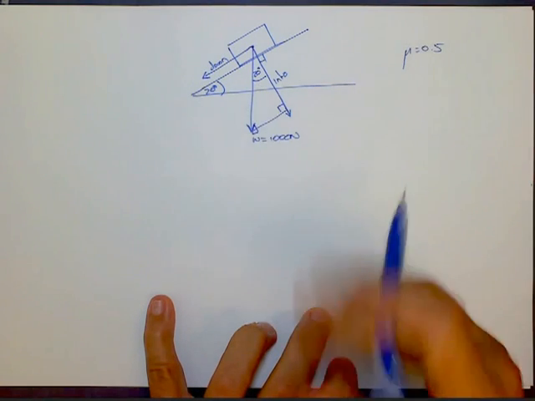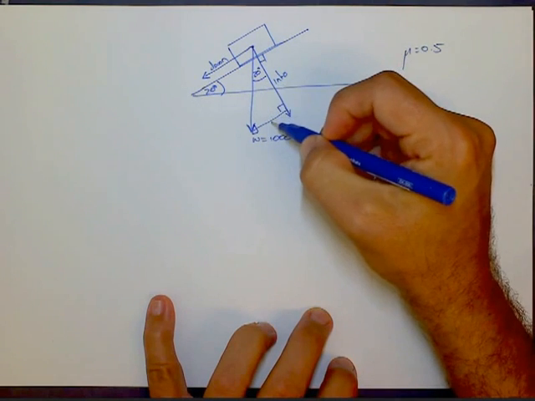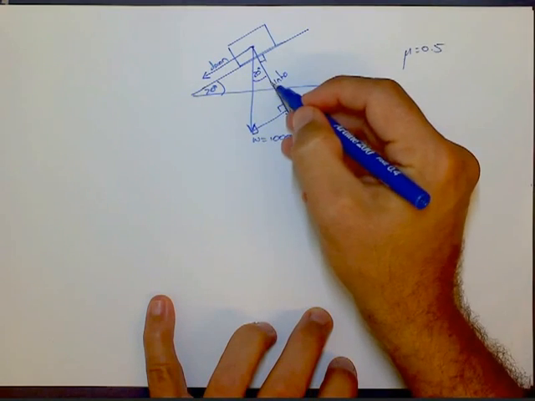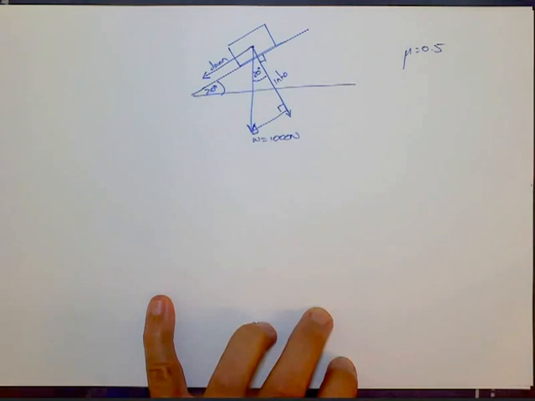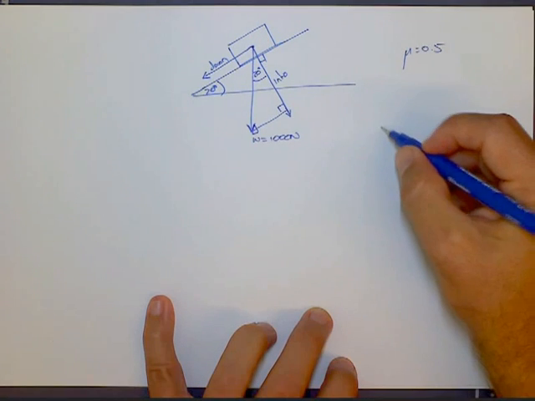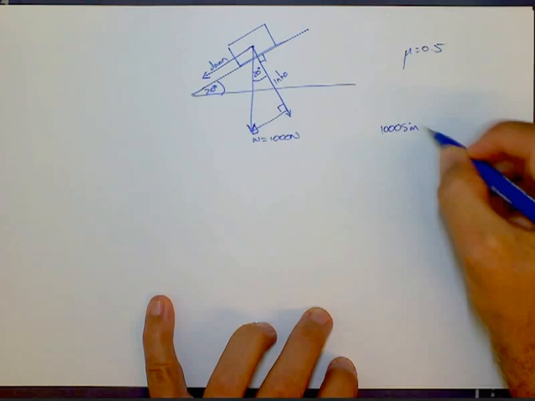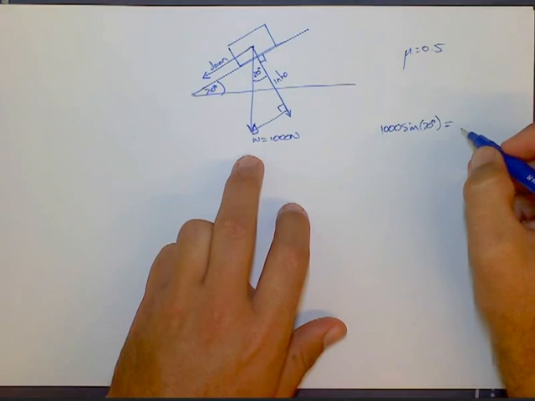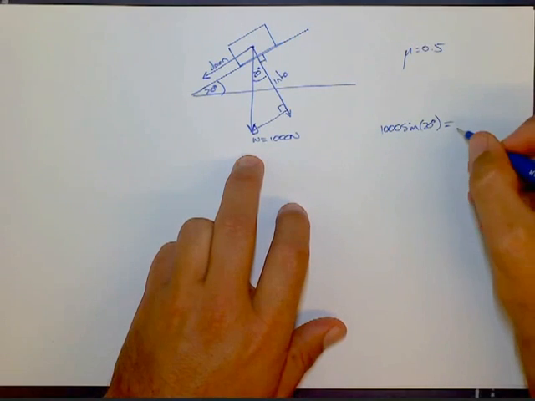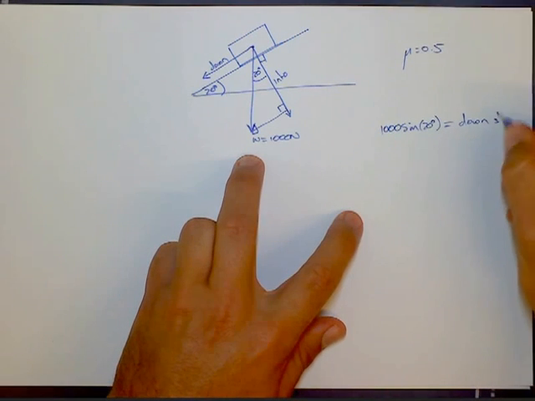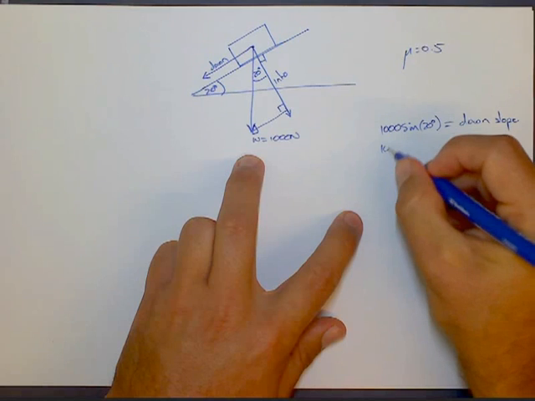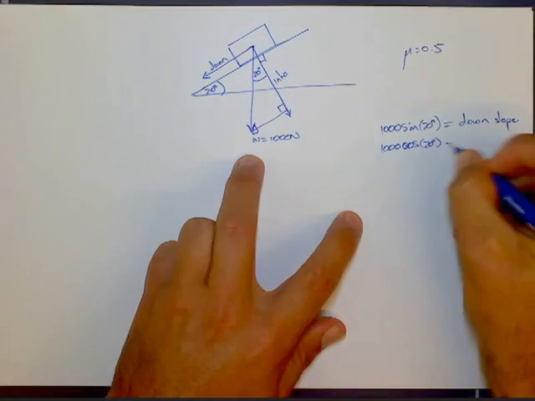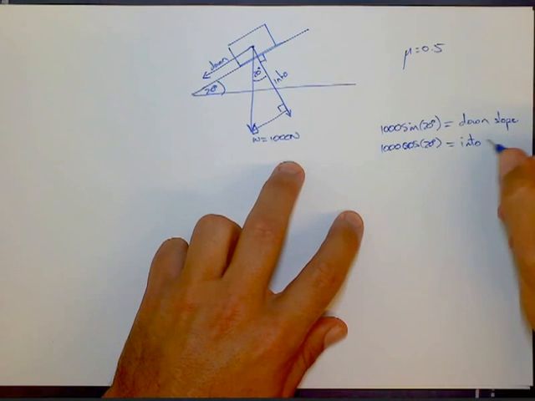So if we know that, what we can then see is, using sine, this being the hypotenuse of 1,000, and cos, this being the adjacent of that triangle, we can see that 1,000 sine of 20 degrees is equal to the weight going down the slope, and 1,000 cos of 20 degrees is the weight going into the slope.